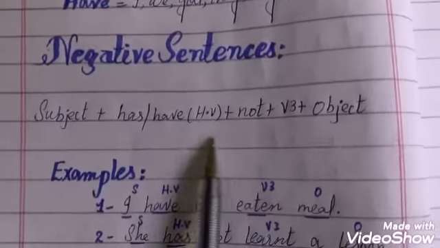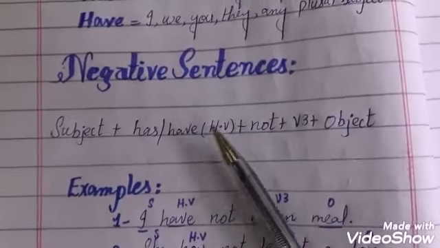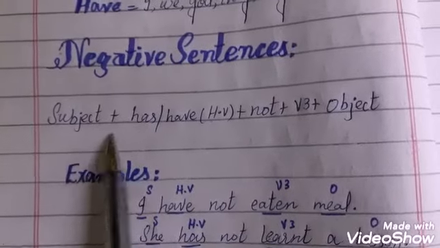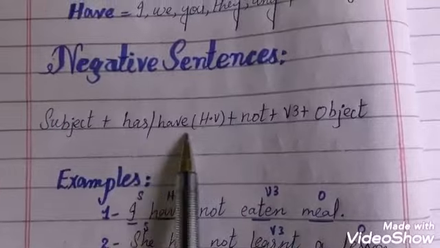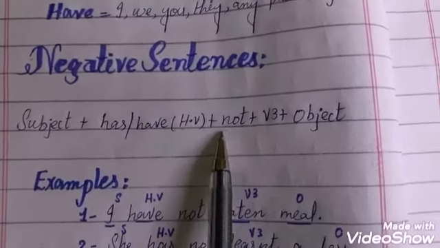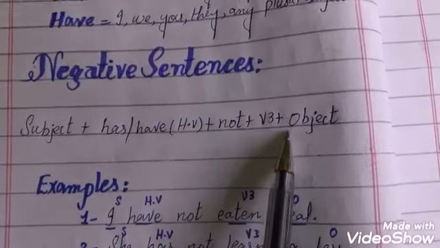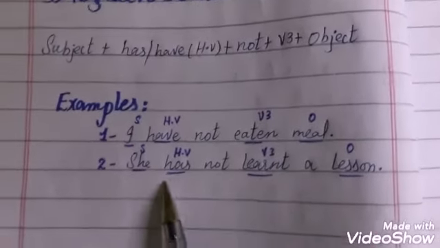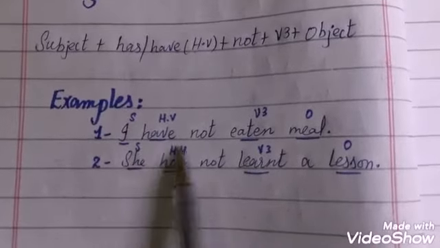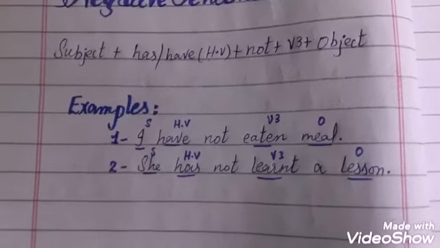Now move towards negative sentences. The structure of negative sentences is: at first we use subject, then helping verb, then we use not, and then V3, in the last we use object. Examples are: I have not eaten meal.